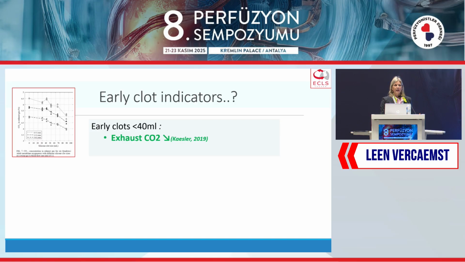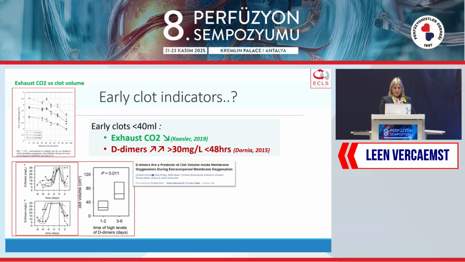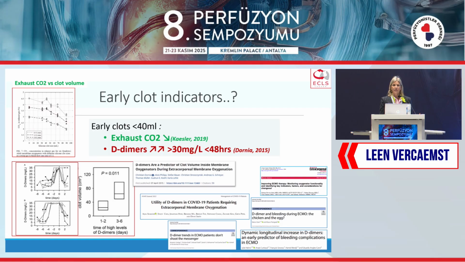And how can we find the early clots? According to this paper, they said that the most sensitive parameter is exhaust CO2 measurement. But I'm aware not a lot of people are doing this. But what's very popular, and there's increasing evidence every week, papers coming up, is the increase or the delta in D-dimers in this patient.